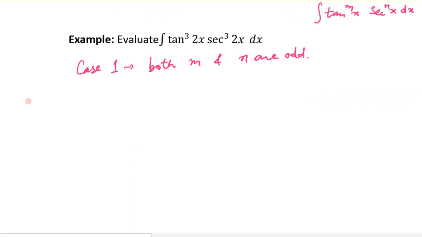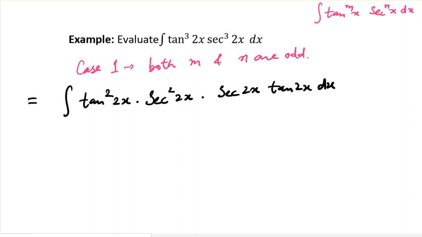As discussed in case number 1, the first step is you want to keep aside a term of secant and tangent. That's why I'm going to rewrite this as tangent square 2x, and I'm going to keep one tangent separate. Similarly, secant square 2x, and we have a tangent and secant separate. We keep it so that we get our differential in the end.